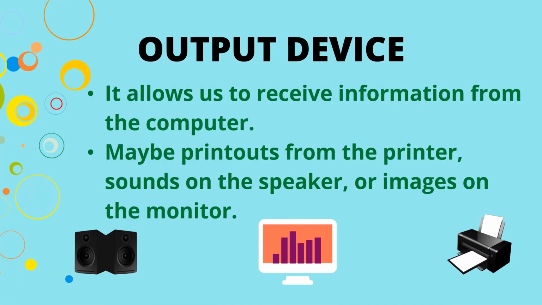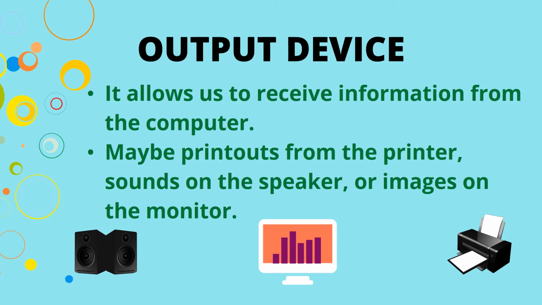Output device. Now, what is an output device? Output device allows us to receive information from the computer. It means whatever input we have given through input device, we can see it in the form of results on the output device.